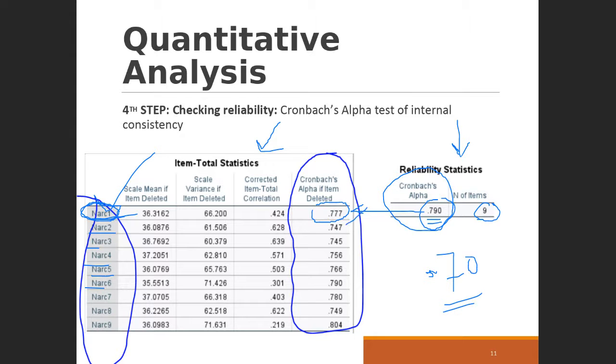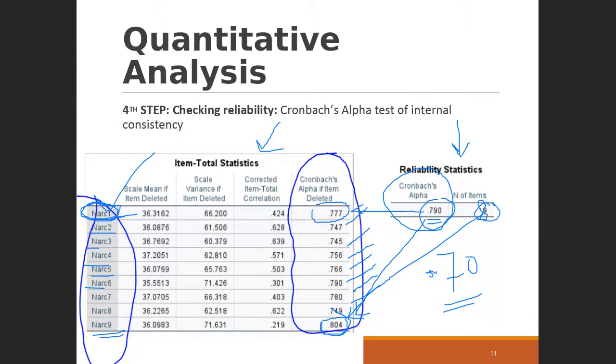Similarly, all items are equally good apart from question number 9. If you remove question number 9 of narcissism, the reliability of the whole scale will improve. So if you remove this question, you will have 8 questions to measure narcissism, but your reliability will be 0.804, which is good, which is better than 0.790.